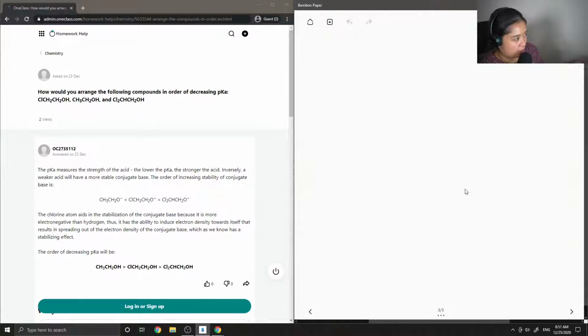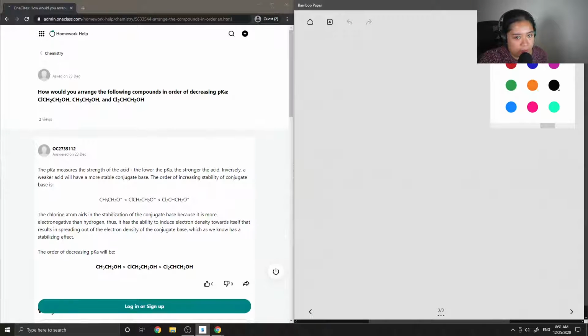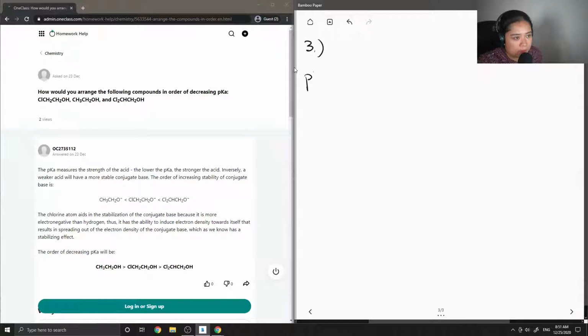Okay, so question 3. How would you arrange the following compounds in order of decreasing pKa? Okay, so pKa can tell us the strength of an acid. When you have a low pKa, then you have a stronger acid.